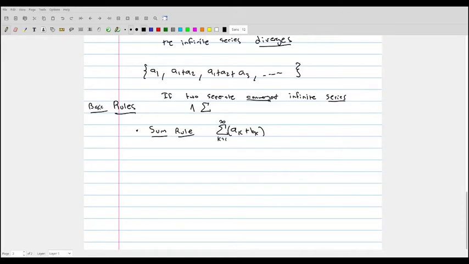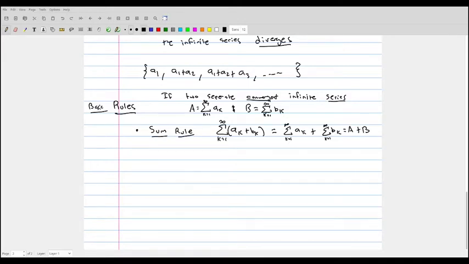We'll assume that one series converges to capital A, which is the sum from k equals 1 to infinity of ak, and we'll say that B is the sum from k equals 1 to infinity of bk. So this shows that the sum of ak plus bk is going to be the sum from k equals 1 to infinity of ak plus the sum from k equals 1 to infinity of bk, which is just going to be A plus B.